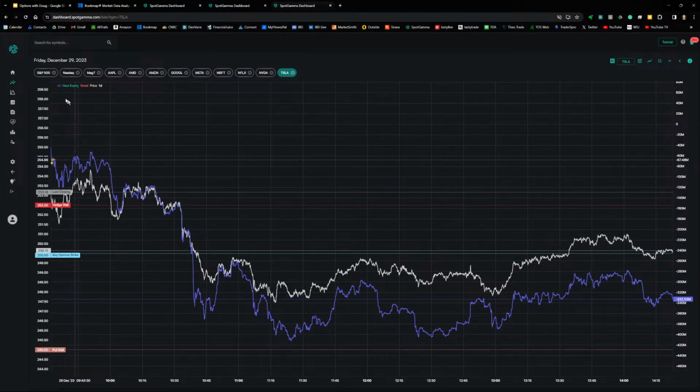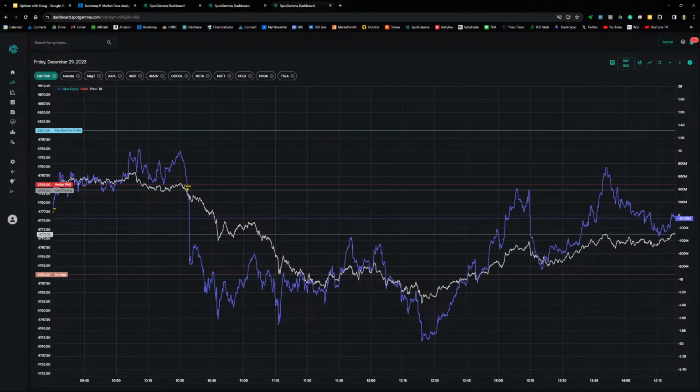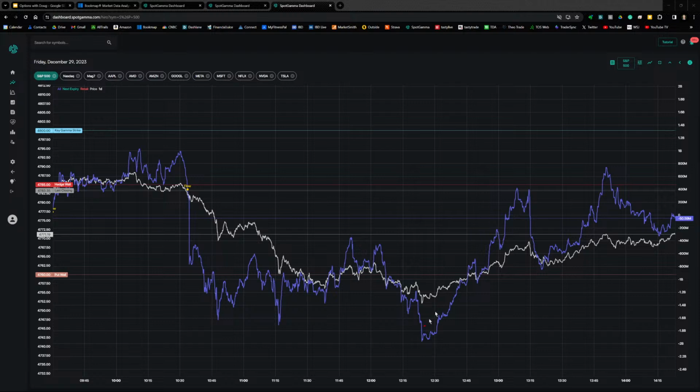Go back to S&P 500. All right, so starting right around 12:30, traders started taking positive delta positions. And now this Hero signal for the day, the notional value, is just very slightly negative.